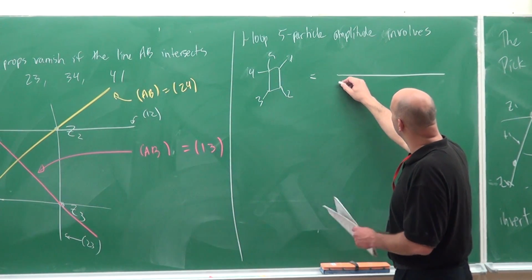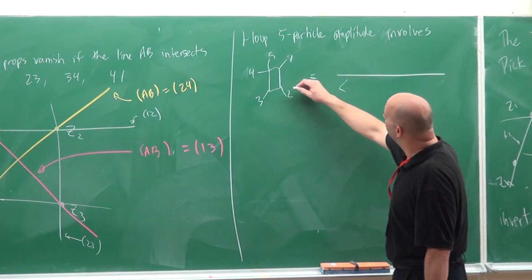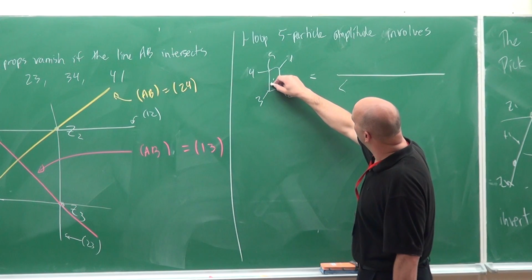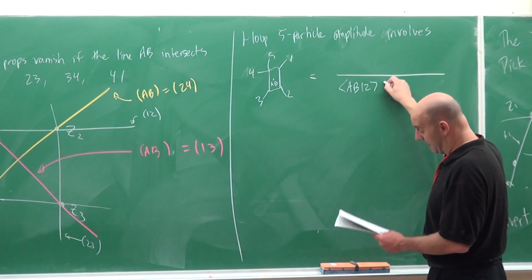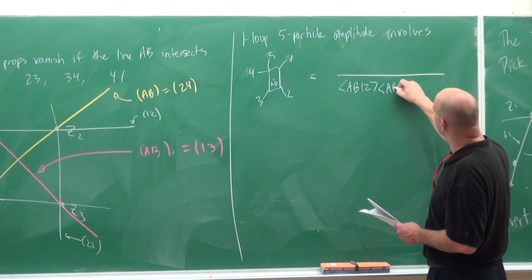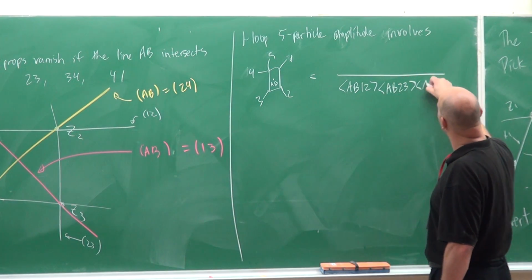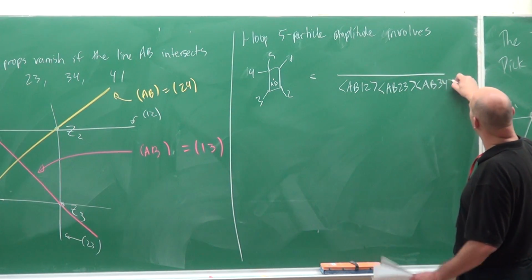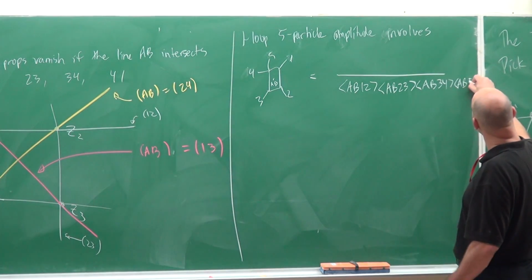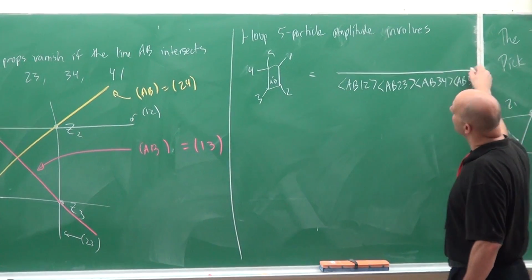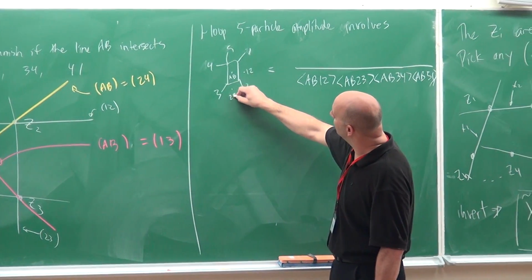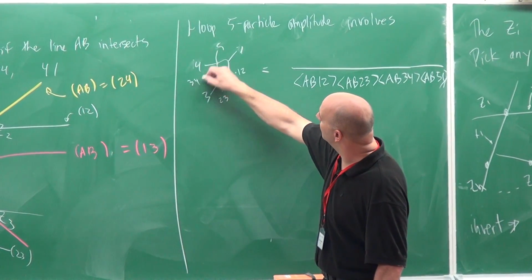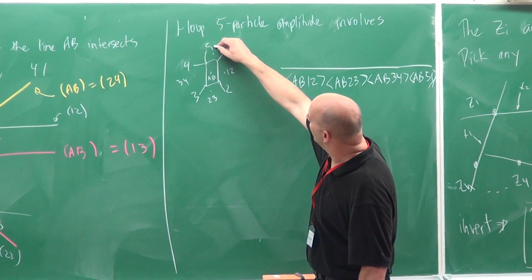Here, if this space corresponds to AB in momentum twistor space, then my propagators are AB12, AB23, AB34, and AB51. This space is 1, 2, this space is 2, 3, this space is 3, 4, and that space is 5, 1.